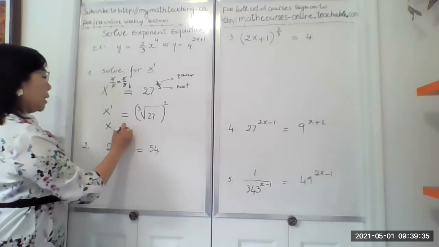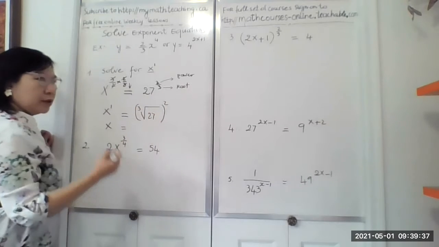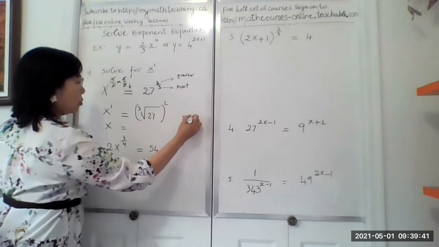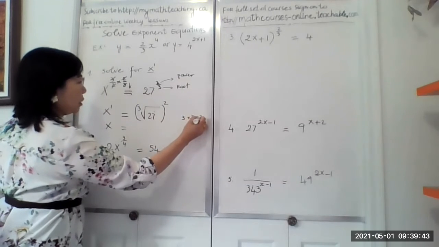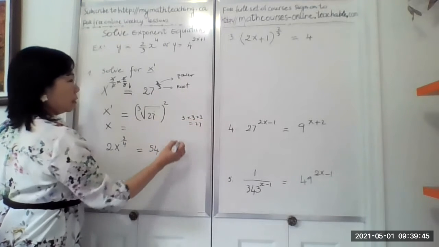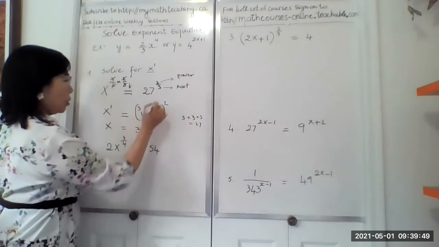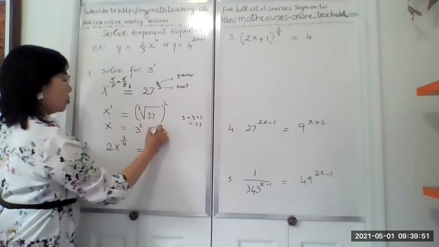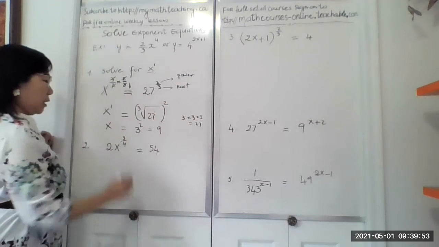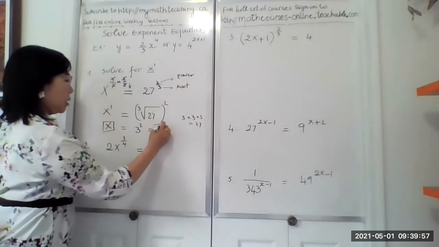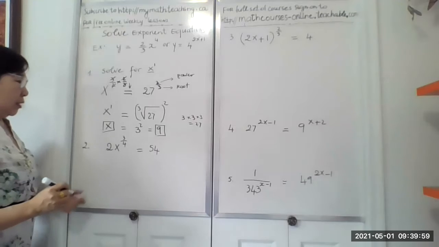So x will become the third root of 27, which equals 3, because 3 times 3 times 3 equals 27. The third root of 27 is 3, but you power 2, so it equals 9. And that is the answer for x.